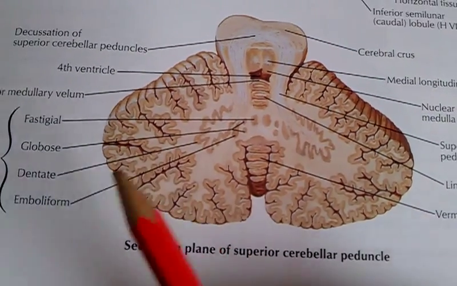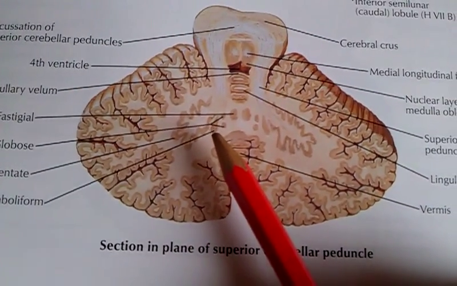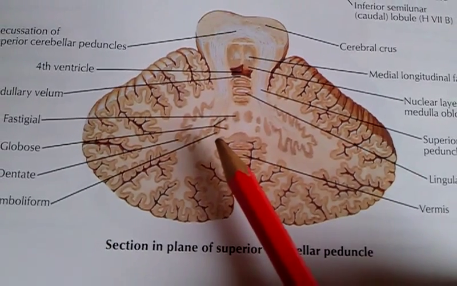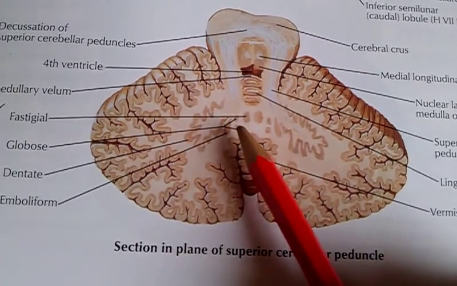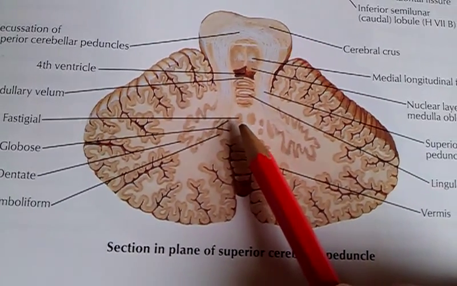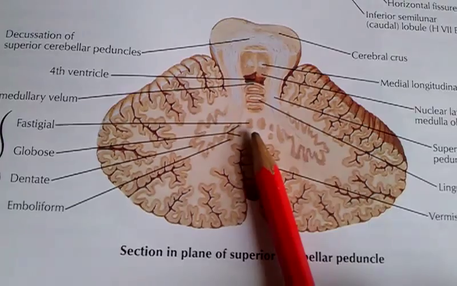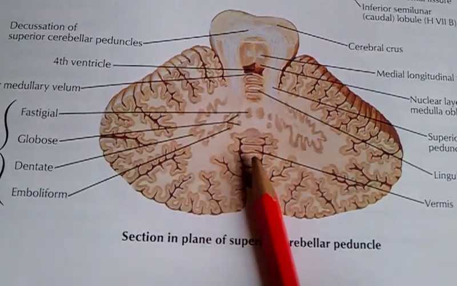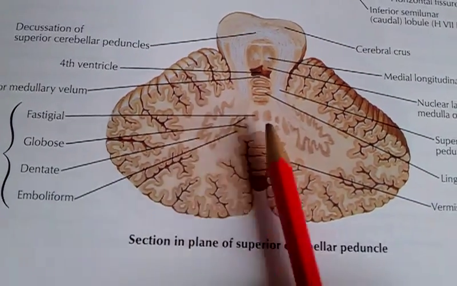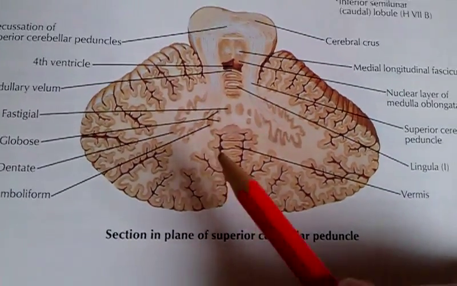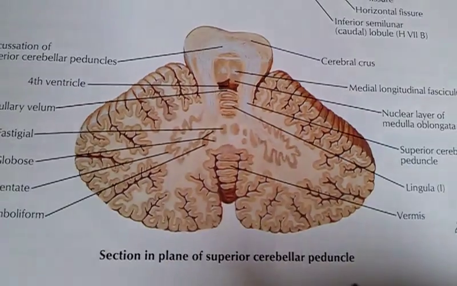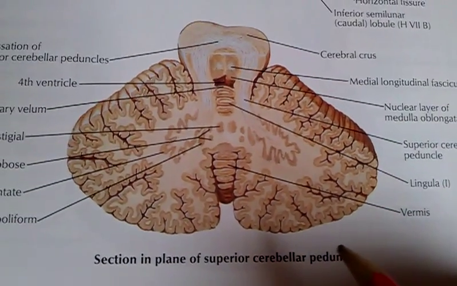Then you have emboliform, then globose nuclei and vestigial nucleus. As you can see, if you take a midplane here, you have the same on both sides. The efferent tracts start in the cerebellar nuclei.